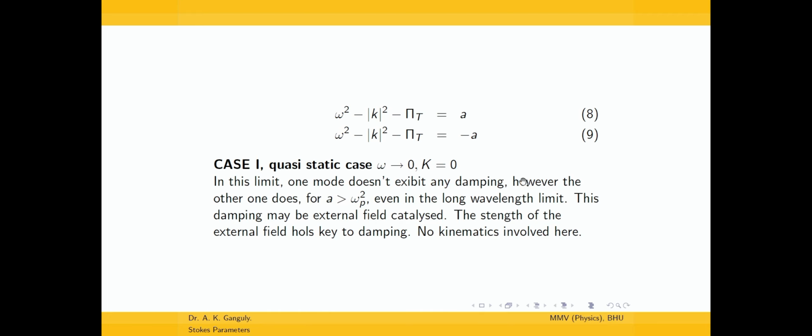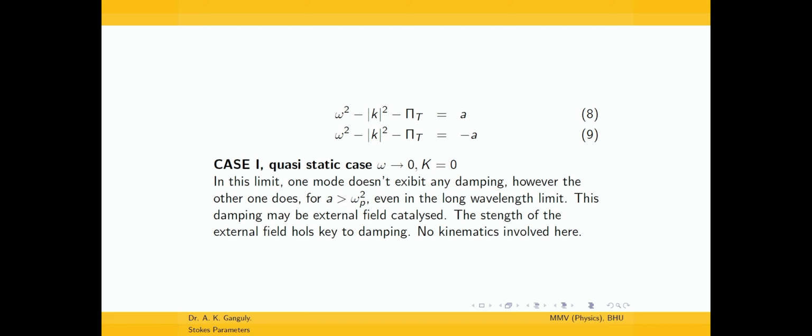Now, if we focus our attention on situation 1, which corresponds to wave vector equal to 0 and omega tending to 0, that is if there is any damping or unstable mode associated with this system, we see that omega square is now equal to A plus pi t in one case, and for the other case it is equal to the difference between pi t and A. The first case that follows from equation 8 does not show any sign of existence of instability or damping, but the second case shows that it might be possible, and it might be possible just on the basis of the strength of the magnetic field that is pervading the system.